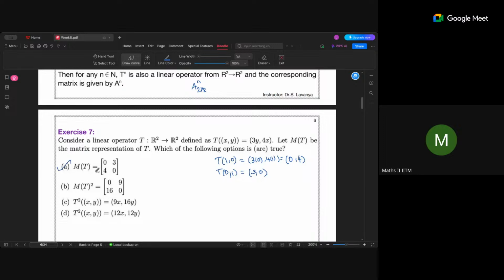What is the square of this matrix? Quickly compute the square of this matrix. What is 0, 3, 4, 0 into 0, 3, 4, 0? Compute this and tell me. What is the first entry?